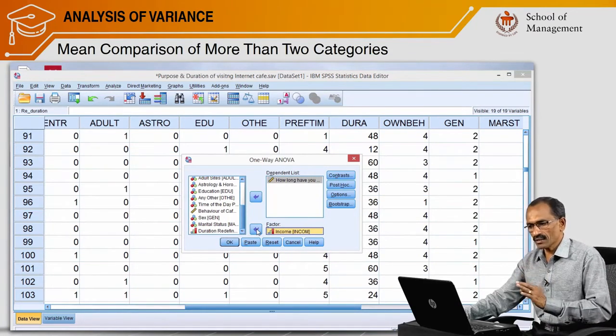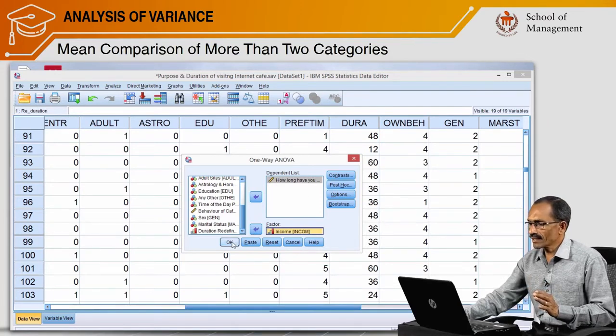Irrespective of their income category, the duration of internet cafe visit will remain the same. That means every category may have equal experience or equal duration in visiting the internet cafe. That is the null hypothesis that we are going to test, whether it is true or not. So we have loaded the required variables and we will click OK.